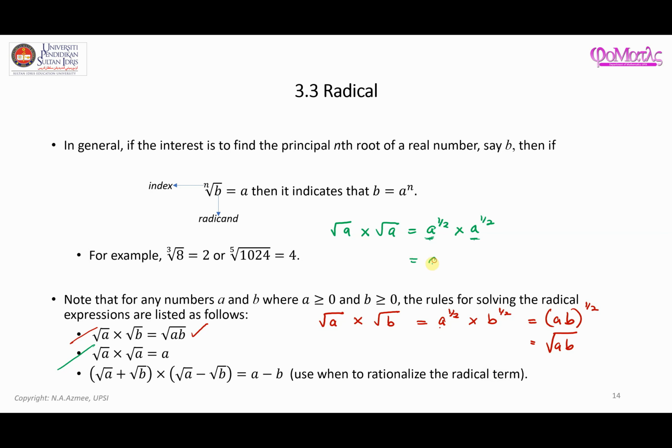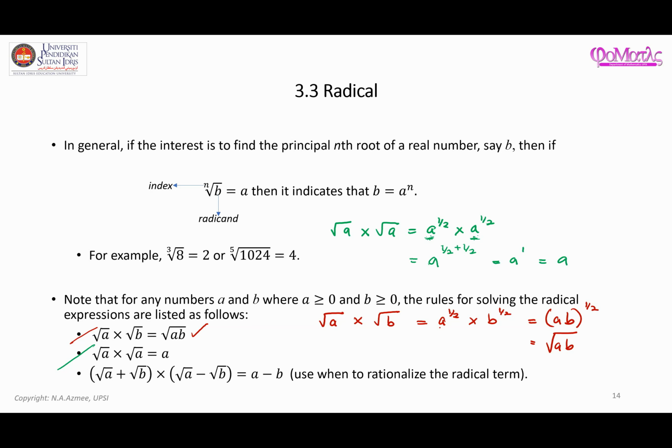So we will have a to the 1 over 2 plus 1 over 2. This is the law of exponent: when you have the same base, you can combine it, and the exponents will be added up. So then it becomes 1 over 2 plus 1 over 2, which is a to the power of 1, obviously, and this is just equal to a.